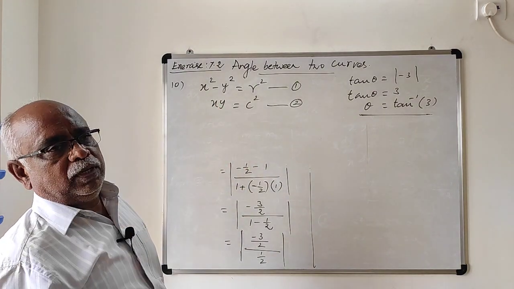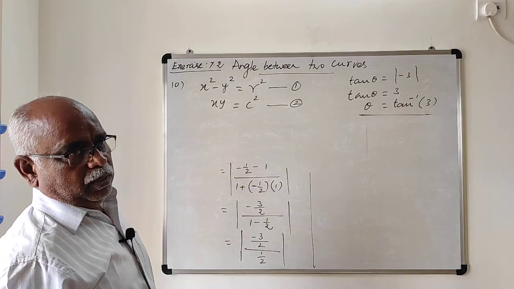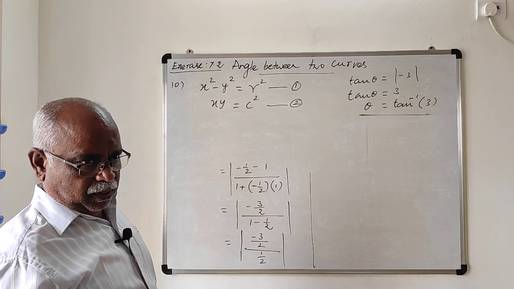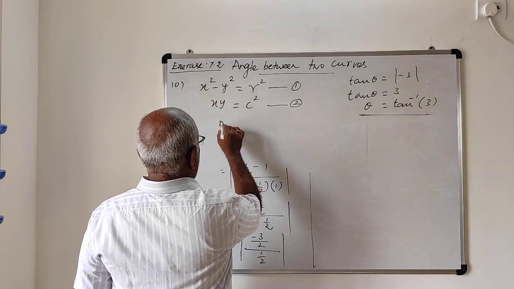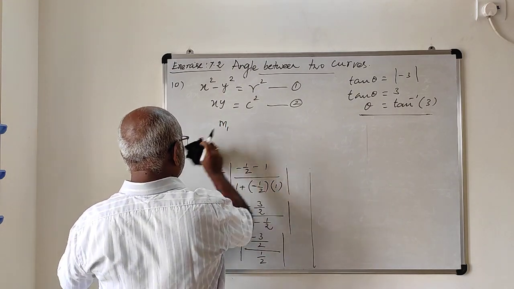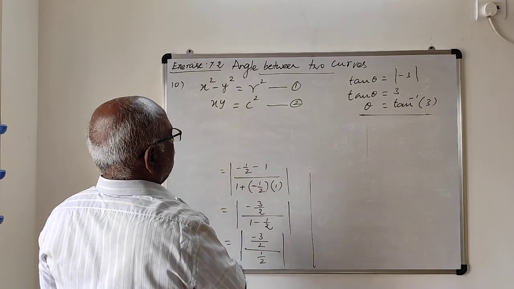That means you have to prove that the product of the slopes is minus 1. If the two curves are perpendicular or cut orthogonally, I already told you the product of the slopes m1 into m2 is minus 1.